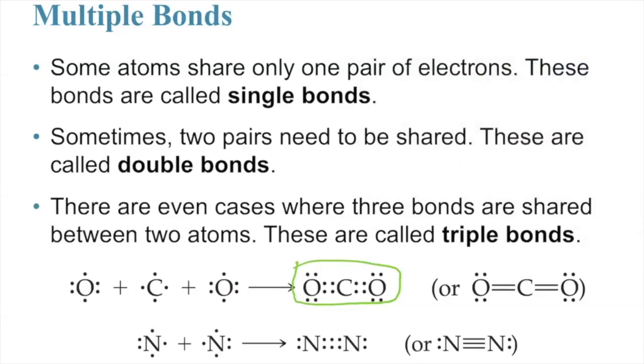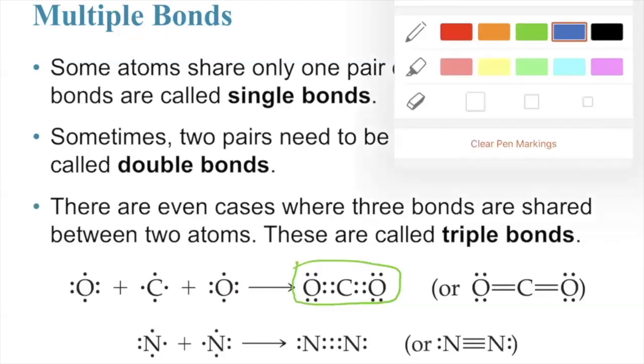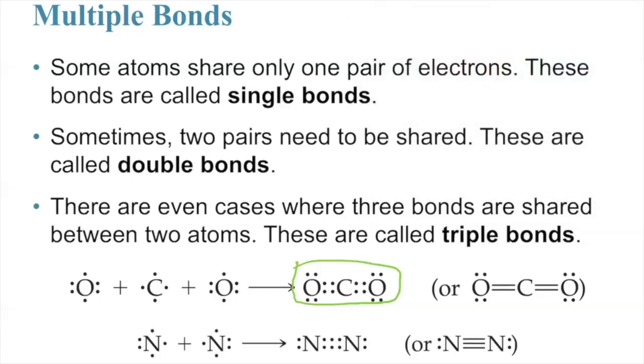Oxygen has 1, 2, 3, 4, 5, and 6, and carbon has 1, 2, 3, and 4. When we combine them, you combine these ones, and you also combine that and that. There you go. I know it looks funny, but now every atom has 8 electrons.